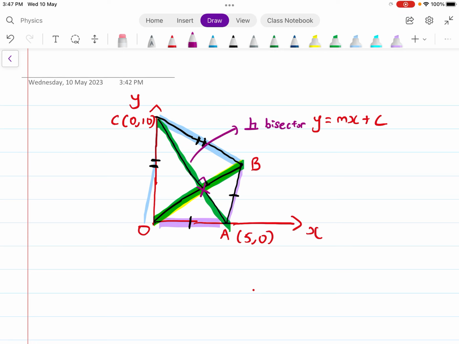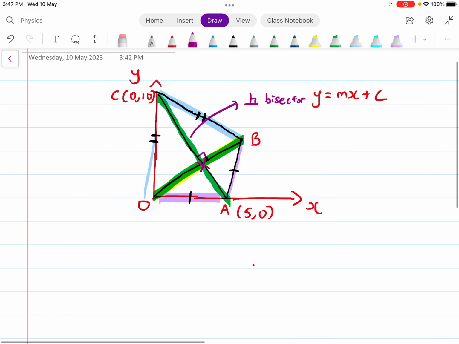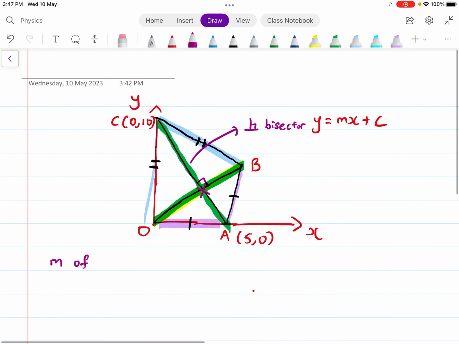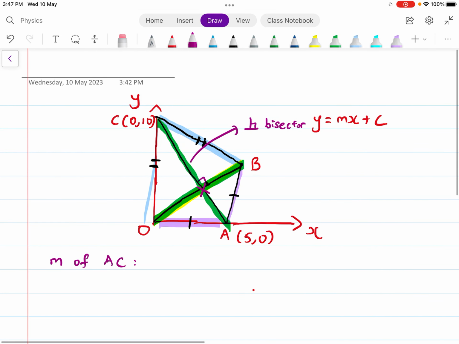Now let's try to find OB. The first part of the question is testing whether we know the relationship between AC and OB. For example, let's find the gradient of AC. The gradient of AC is equal to y2 minus y1 over x2 minus x1.